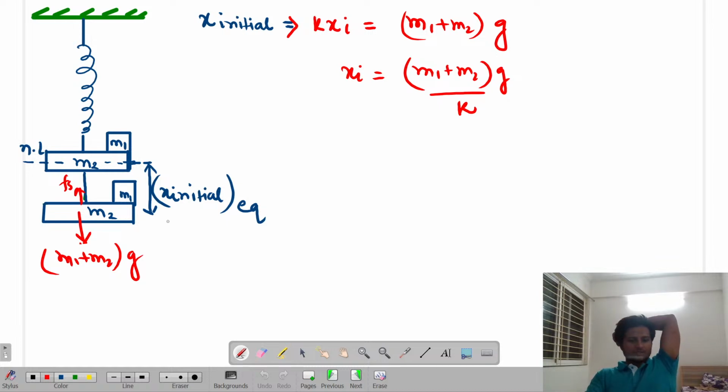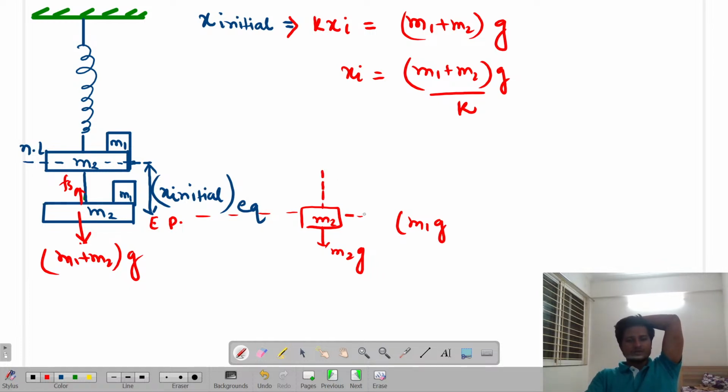Over here it is m1 plus m2 into gravity g, upward force is spring force, this is my equilibrium point. But as I remove the mass m1, the downward mass which is left right now is just m2g. How much is reduced? M1g has been reduced. So this equilibrium will shift. This was equilibrium initial, now this is the new equilibrium.